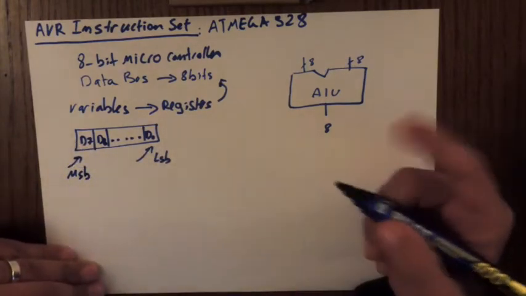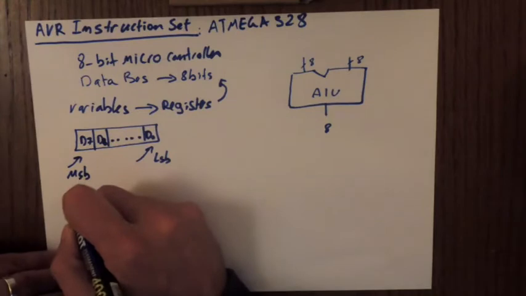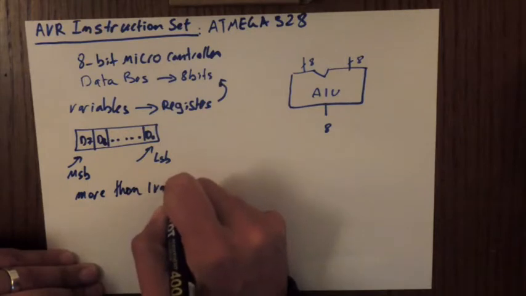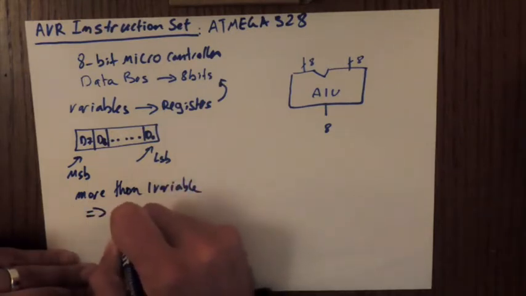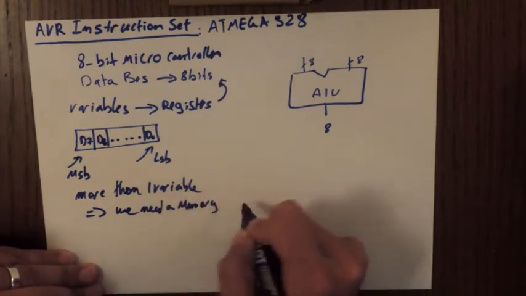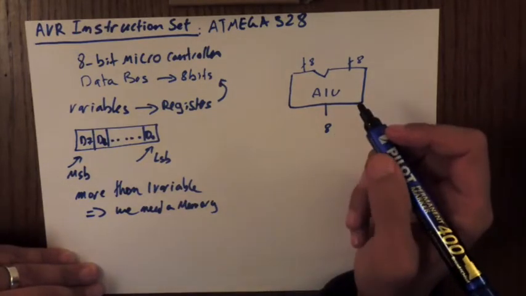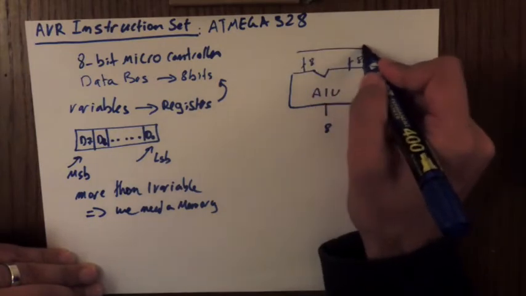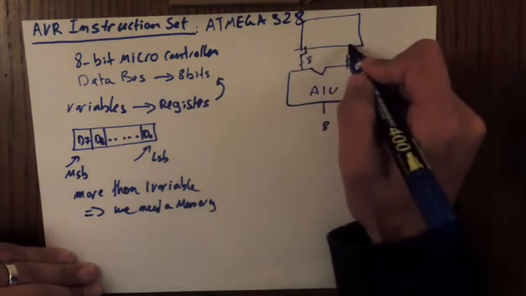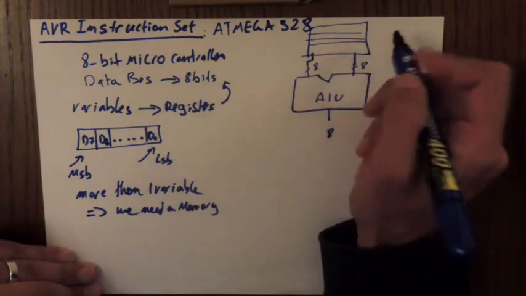Of course we have more than one variable, so we need more than one register for that. More than one variable implies we need a memory for that, and the first part of this memory is used to store the registers, and these registers will feed the ALU with all the variables it wants.